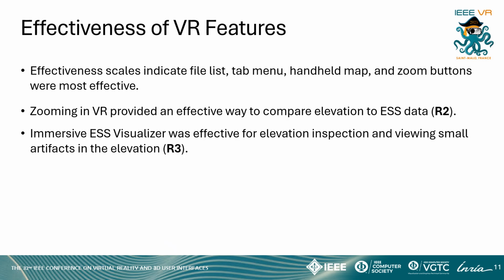Effectiveness scales indicated that the file list, the tab menu, handheld maps, and zoom buttons were the most effective VR features. Zooming in VR provided an effective way to compare elevation to ecosystem services data. Immersive ESS Visualizer was effective for elevation inspection and viewing small artifacts in the elevation.